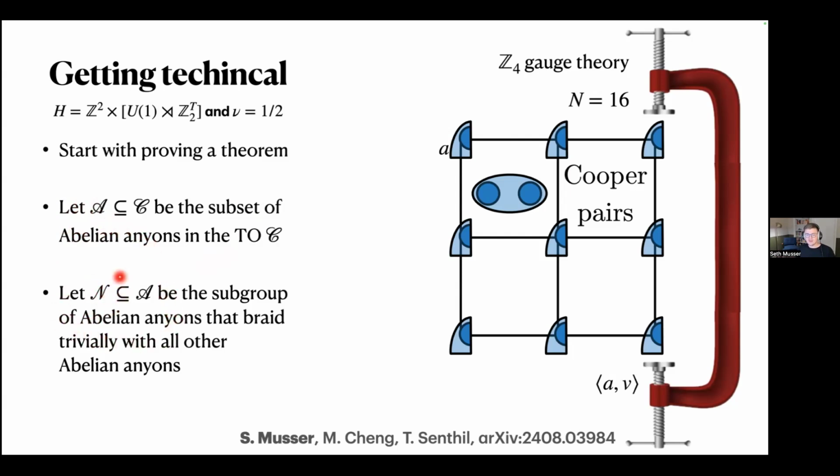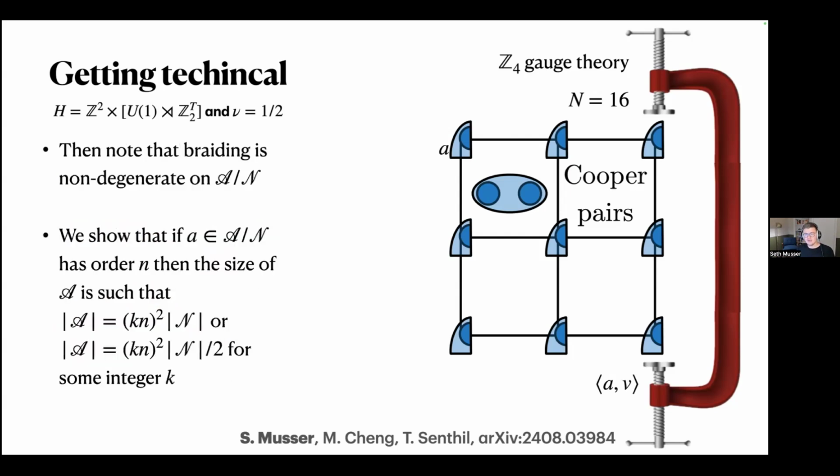And then we'll define this subgroup N, which is all the abelian anions that braid trivially with all other abelian anions. There may be non-abelian anions that braid non-trivially with things in N, but they just have to braid trivially with all abelian anions. The reason to consider this is because if we mod out by N, we consider the group A mod N, then braiding will be non-degenerate on A mod N.